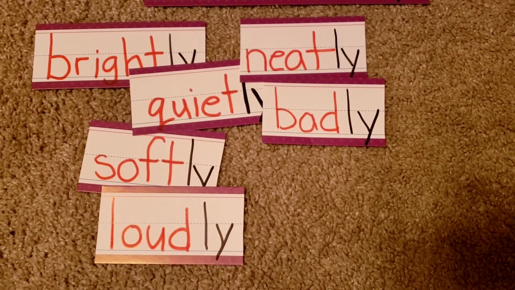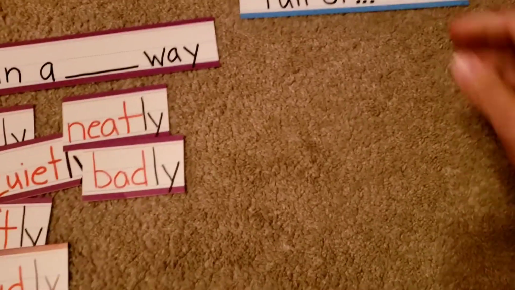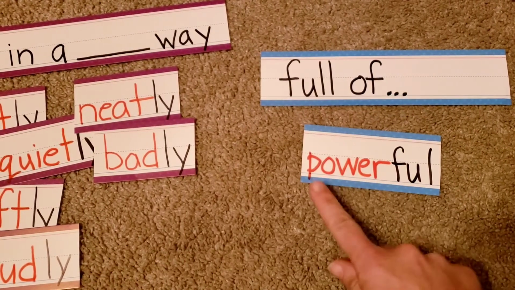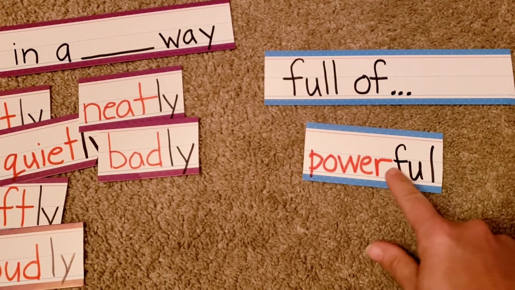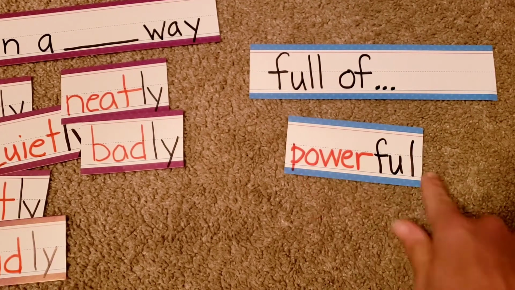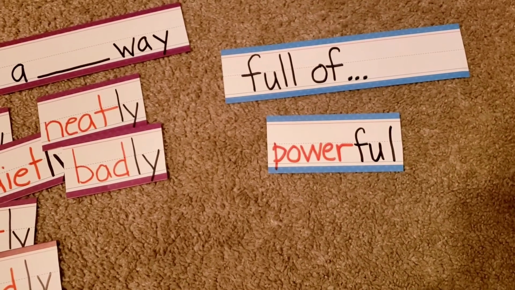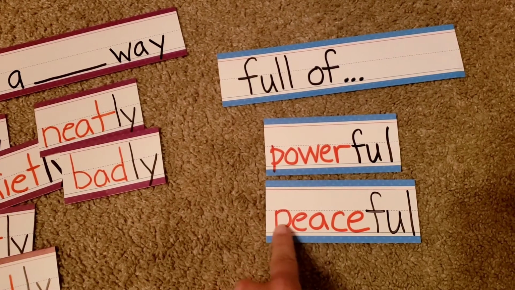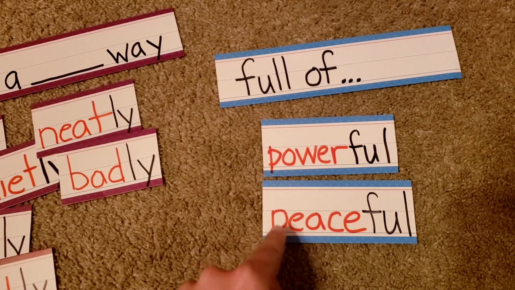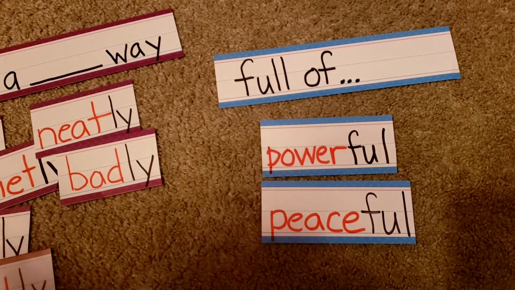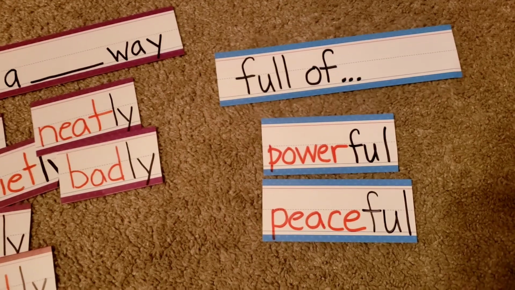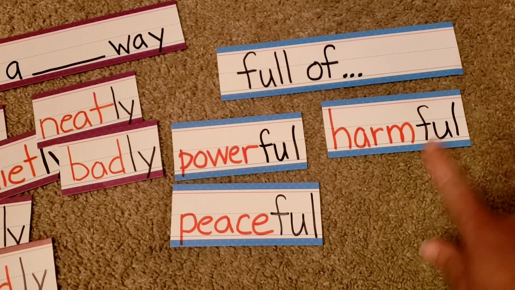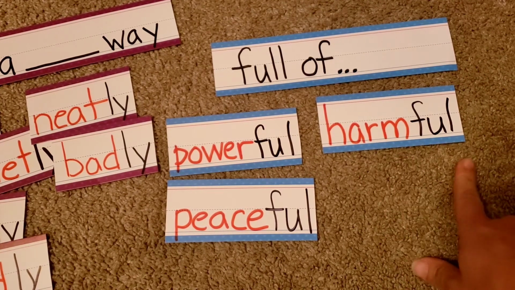Right? So let's try a couple echo reading with a couple FUL ones. Full of. Powerful. Powerful. Your turn. Good. This one is EA says long E. Peaceful. Good.